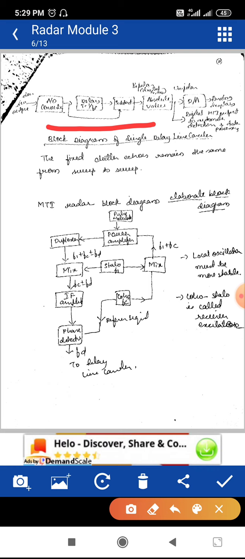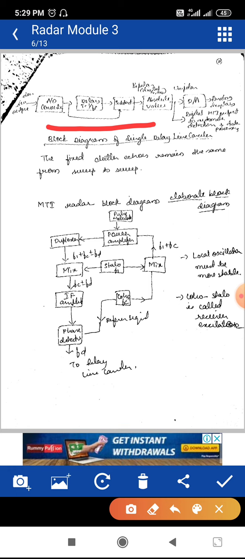Now here we can see that the fixed clutter echoes remain the same from sweep to sweep. That is, they will just get subtracted when we subtract two versions of the received signal.